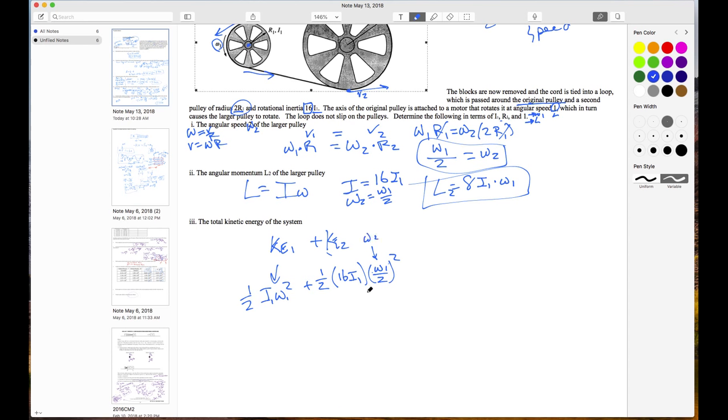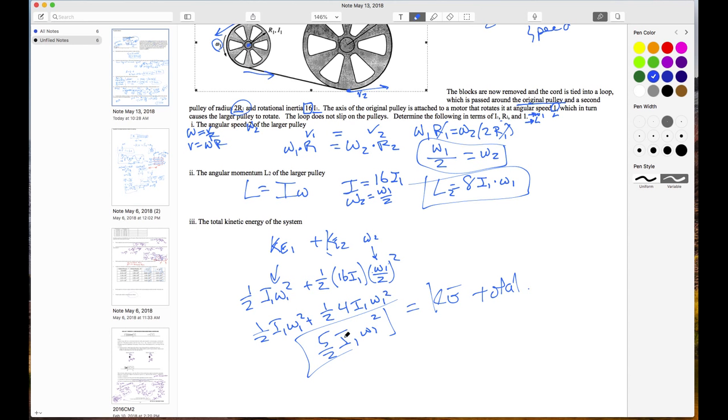And so if we plug these in and we multiply them out, what we get here is 1/2 times omega 1 squared over 4, so 4I1 omega 1 squared, and this would be plus 1/2 I1 omega 1 squared, and that would mean 2 here, plus 1/2 is 5/2 I1 omega 1 squared equals KE total.